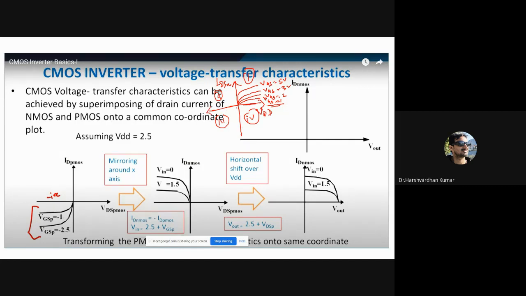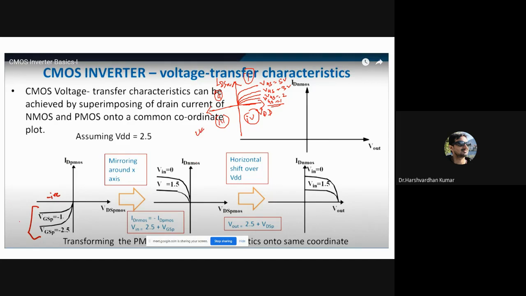So in which coordinate do you get both quantities, voltage and current, negative? Third. Yes, third coordinate. So the IV output characteristics of PMOS transistors will lie in the third coordinate system.